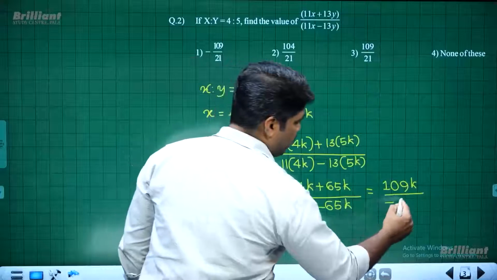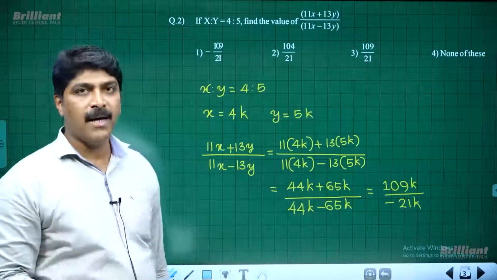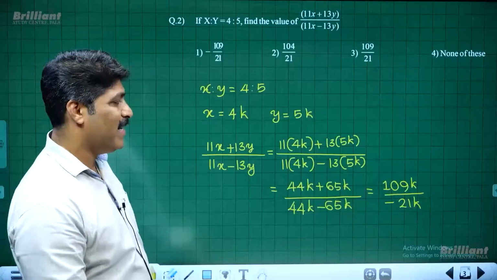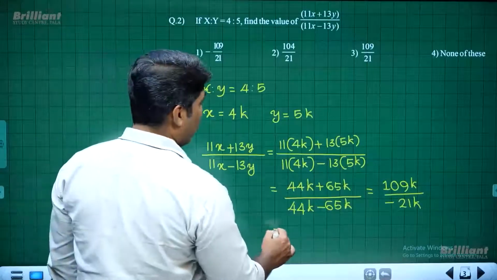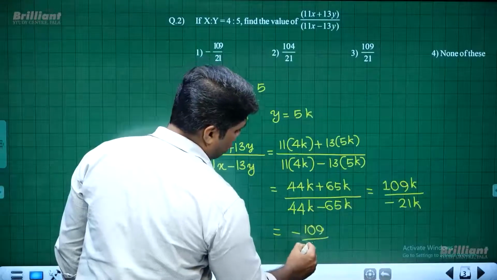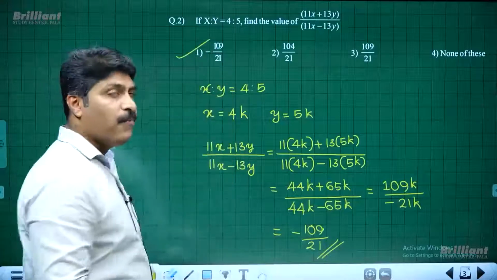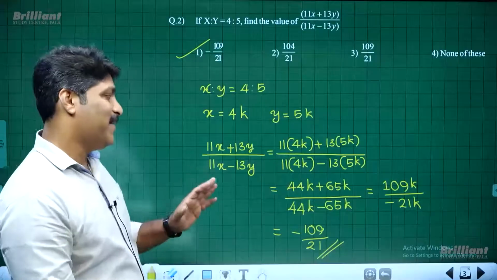That is 21k. Here we know that both the k become eliminated or simplified. So then finally our answer is minus 109 divided by 21. So that's the final answer. So negative 109 divided by 21.